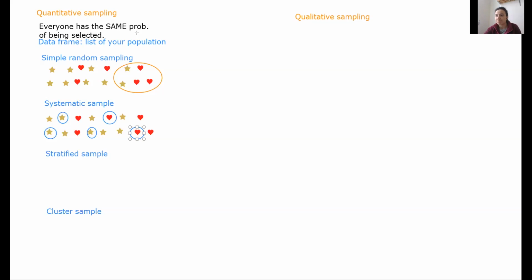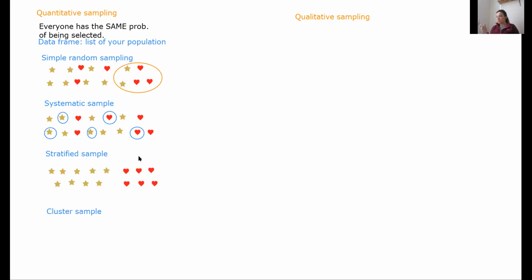Okay, so that's easy. Then a stratified sample is something that comes into play when you want specific populations to be properly represented in your sample. So what's going to happen there is, for example, here I have 9 stars and I have 6 hearts.